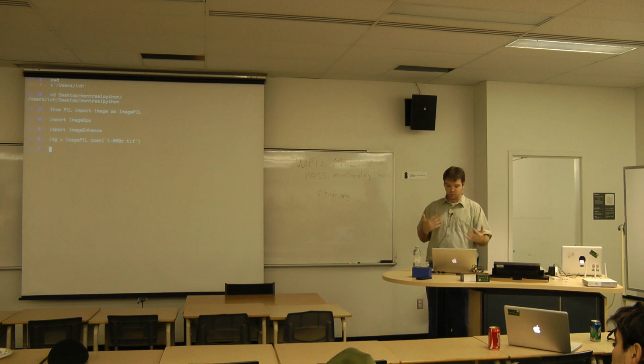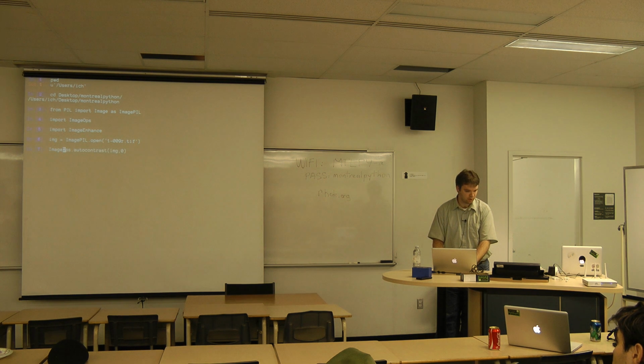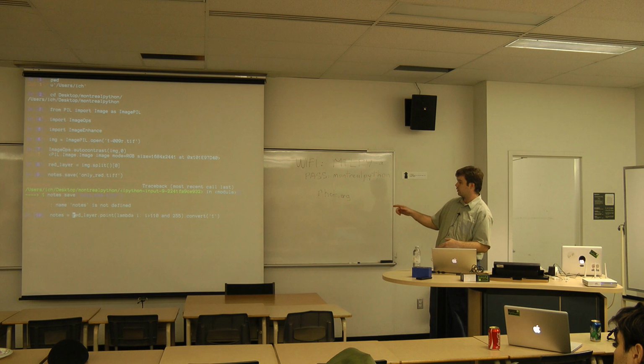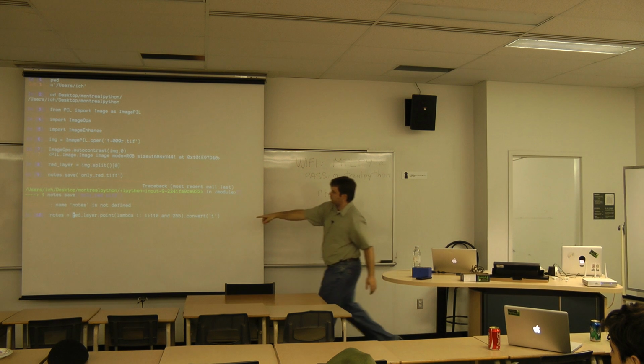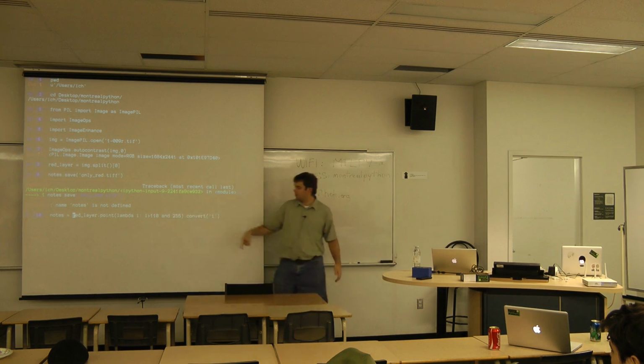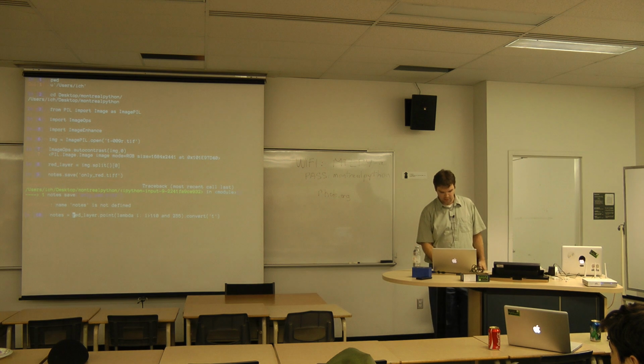So we're going to just separate out the color layers. So we have to do image ops. Just do that, and then we have a red layer. And notes dot save. Oops. Oh, notes equals that. So basically, what we're going to do is do a threshold so that we're only going to get red values between these values.